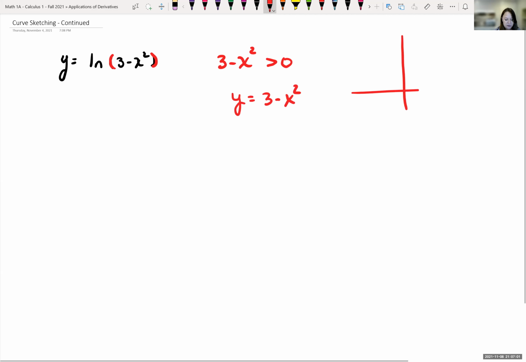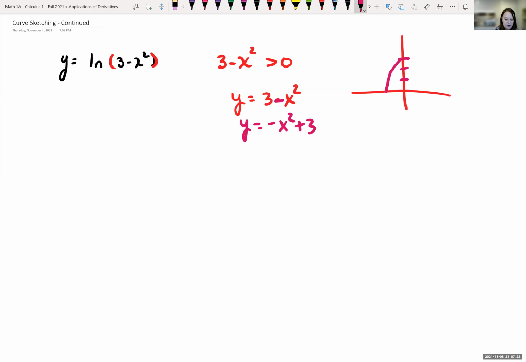I can use transformations. I know this minus in front of the x squared is making it so my parabola is facing downwards. If you think of this as y equals maybe negative x squared plus 3, that plus 3 outside is shifting it up 3 units. So 1, 2, 3. And it's going to be going like this.